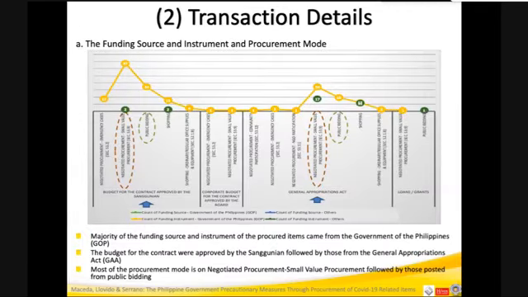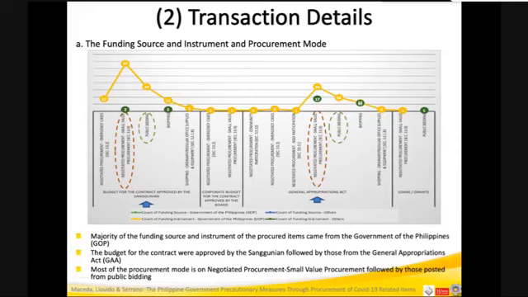Now, for the next objective, which is on the transaction details, the funding source and instrument and procurement mode, majority of the funding source and instrument of the procured item came from the government of the Philippines. Because there, as stated there, there are data which is stated as others.